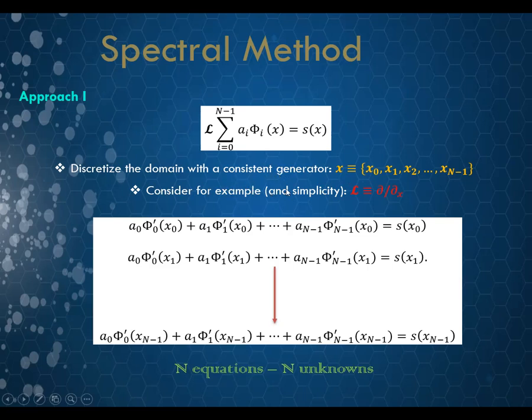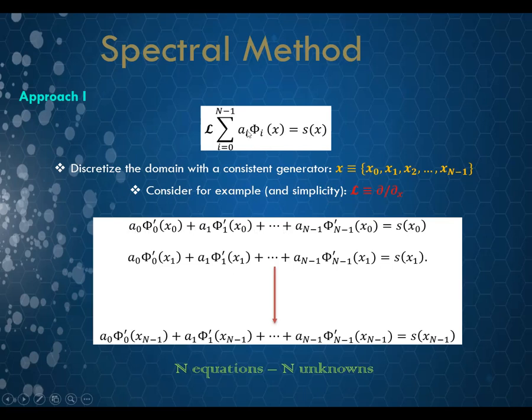And for simplicity, consider the operator is the first derivative with respect to x. Demanding that this form of the differential equation be satisfied at each grid point, we will have this system of equations.